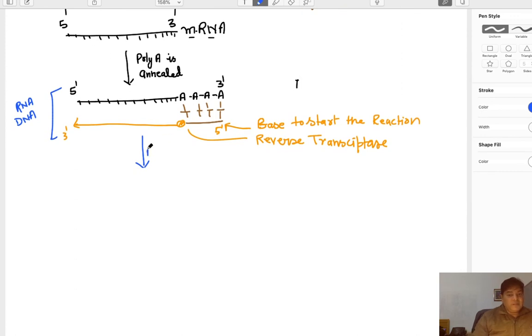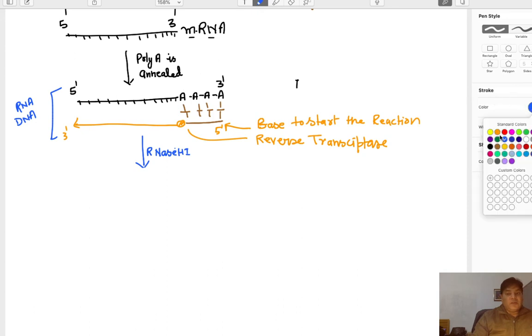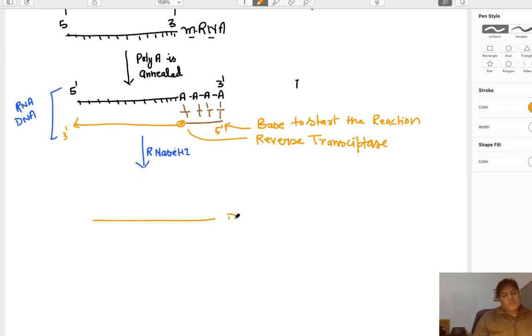It is another enzyme. Now this enzyme cuts and cleaves the RNA molecule. So only the DNA molecule will be left here. So this is the DNA which has been left here.